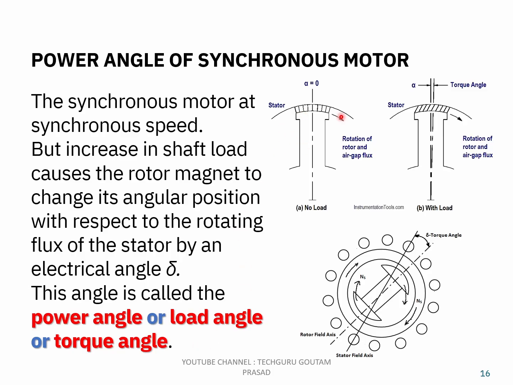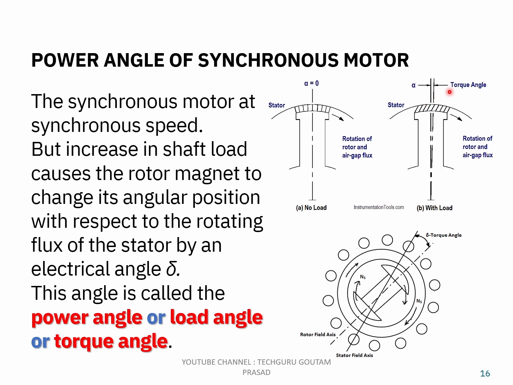So here is the stator and the rotor. A stator pole and rotor poles are perfectly aligned with each other at no load condition. But when it is loaded, with the increasing load, this rotor starts falling back in position by a small angle, basically delta.